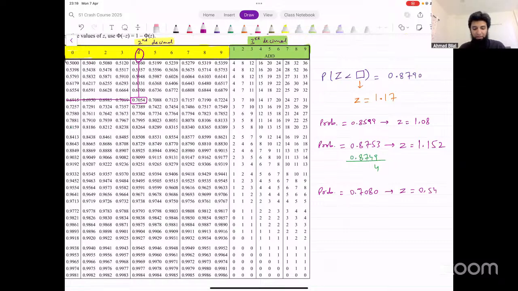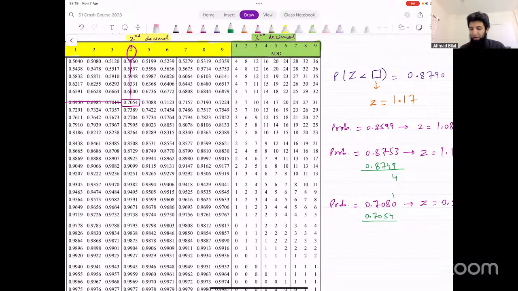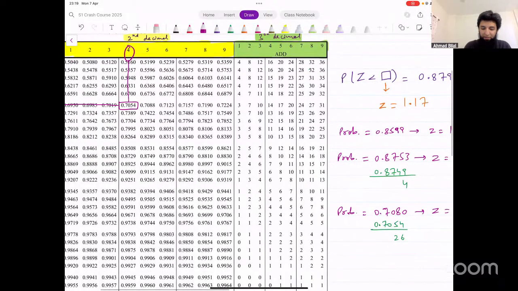What about the third decimal now? We want 7080. What we have found is 7054. How much more do we need to add to 54 to get to 80? We can subtract this. 80 minus 54, that's 26. Right? So we go to the right side and we see where 26 is. Well, we don't have 26. We only have 24 and 27. Where is 26 going to be? It's going to be between these two values.